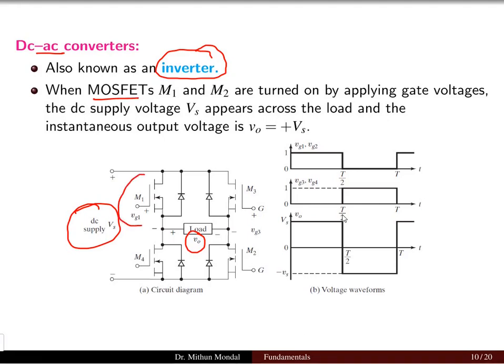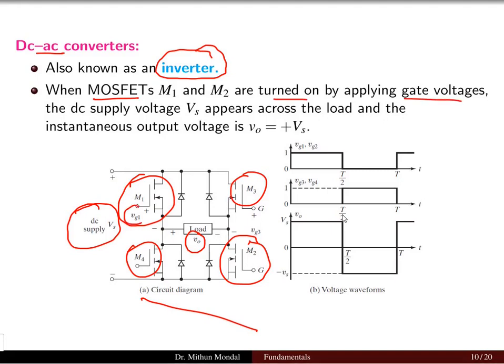You have M1 and M2 connected in the first diagonal, and the second diagonal will have M3 and M4 as the switching devices, which are MOSFETs, and they are turned on by applying a gate voltage.